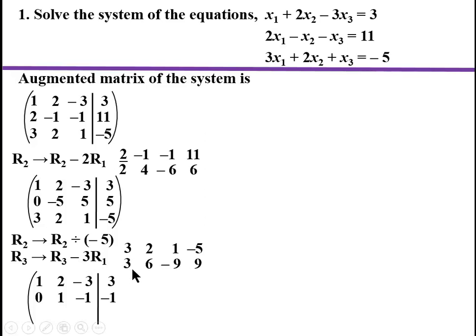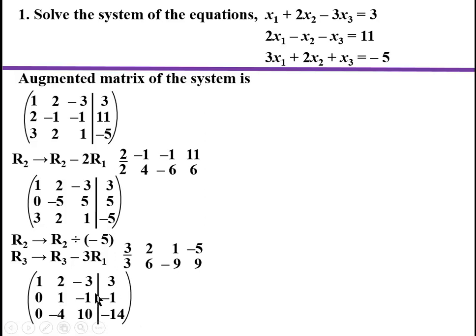Again, we are going to subtract. In our subtraction, 3 minus 3 gives 0, 2 minus 6 gives -4, 1 minus -9 gives 10, and -5 minus 9 gives -14.